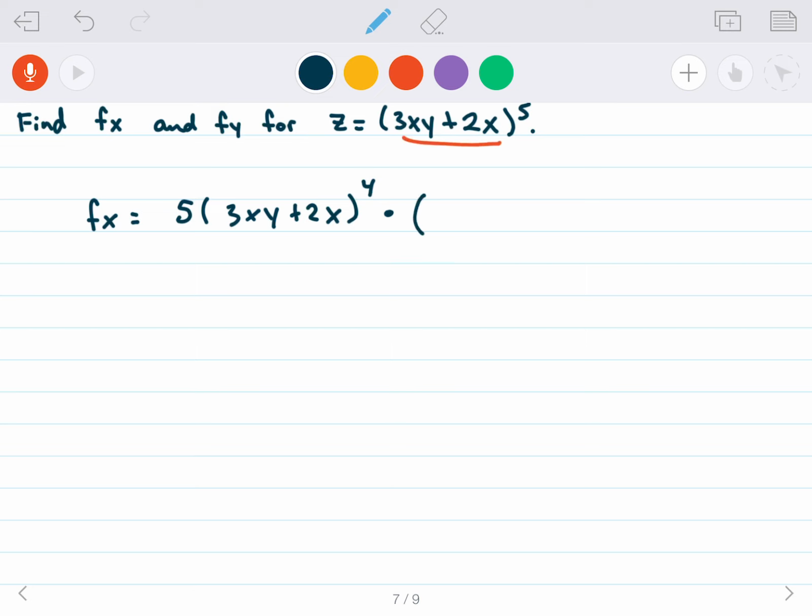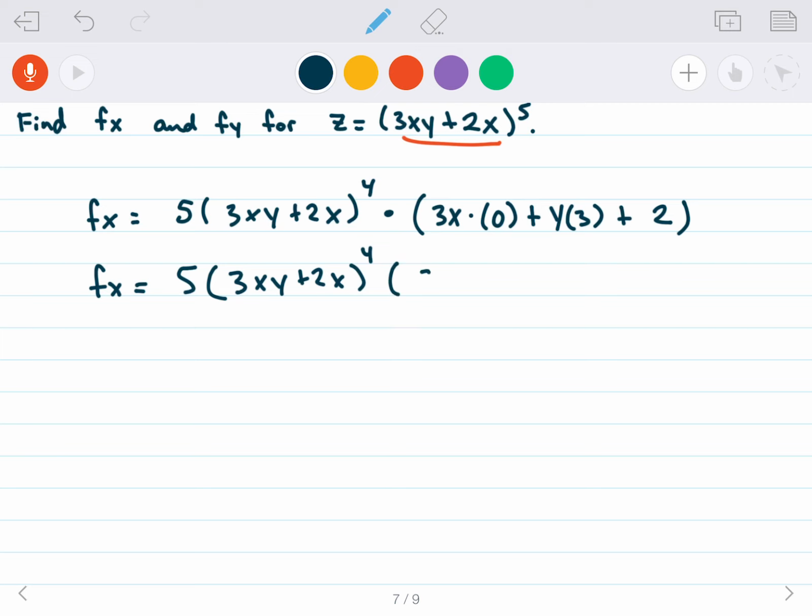So the derivative of 3xy, we keep the first, 3x, times the derivative of y, which is 0, plus keep the second, which is y, times the derivative of 3x, which is just 3. Plus the derivative of 2x is simply 2. So then we can simplify this out a little bit. So we have the partial derivative with respect to x is 5 times (3xy plus 2x) to the 4th times (3y plus 2).